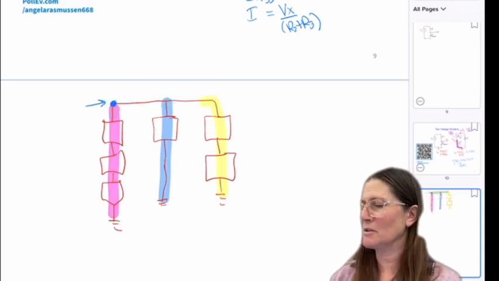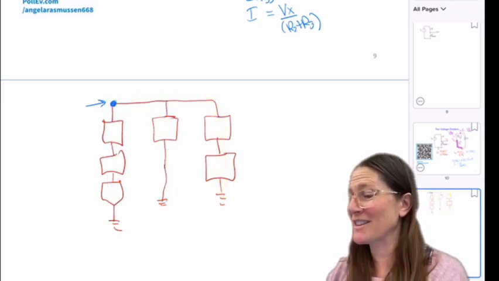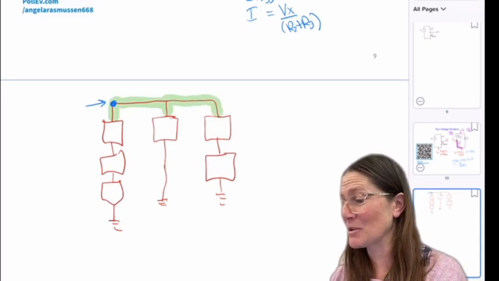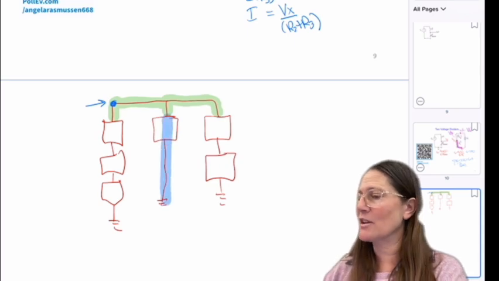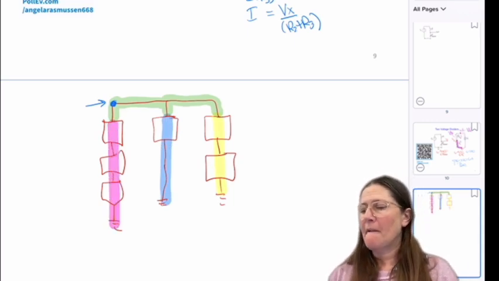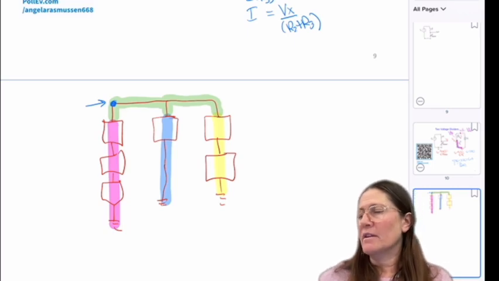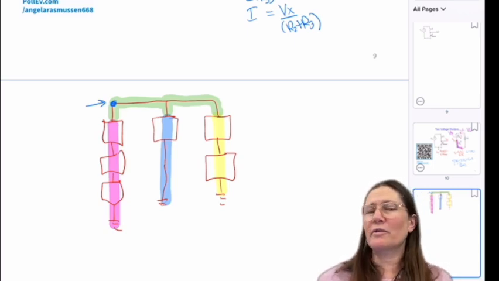Sorry, let me draw these a little bit better. Okay, so this is all the same node. And then the branches are actually at the end of the elements. I don't know if that helps clarify.